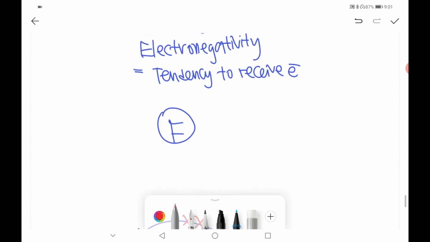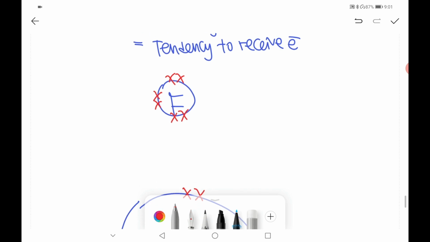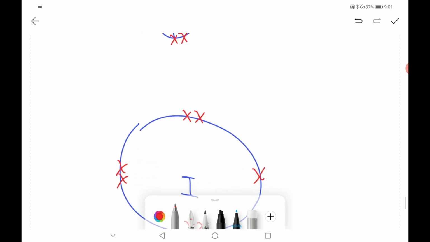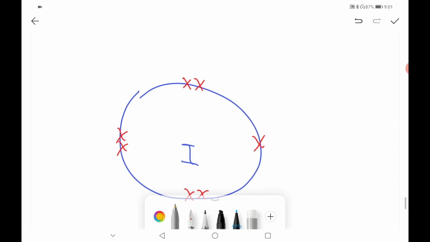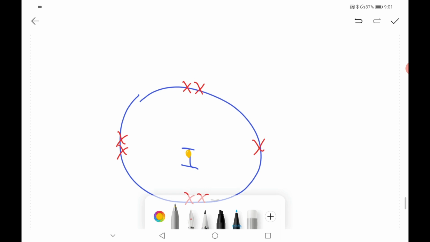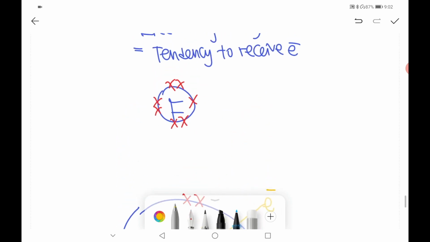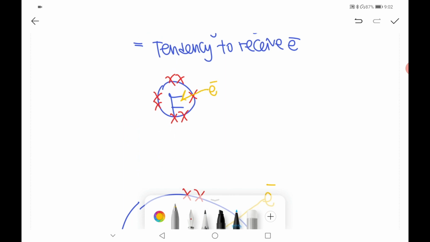When the valence electron is far away from the nucleus, the nuclear attraction is very weak. So when nuclear attraction is very weak, it's very hard to pull one electron from outside to come in.